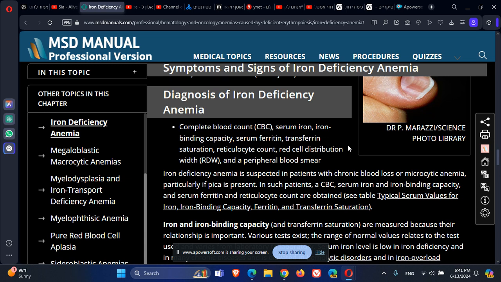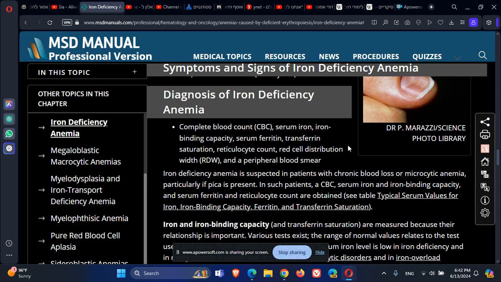But in iron deficiency there is a problem in creating red blood cells. Therefore, when there is anemia, we would expect high reticulocyte levels, but in iron deficiency anemia there are low levels of reticulocytes, which is logical because there is a problem creating red blood cells, including young ones. So RDW is high and MCV is low.